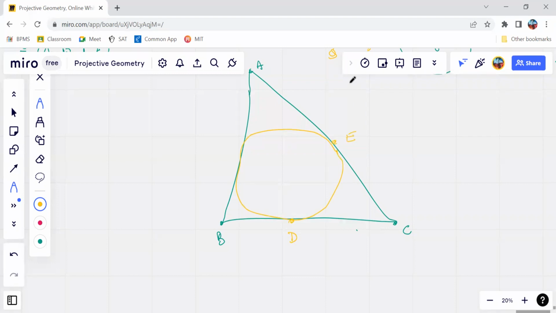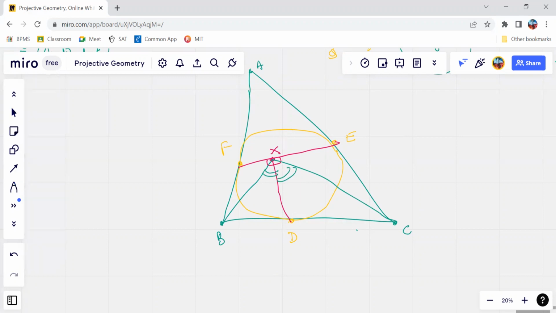Once again, we will pretend this is an N circle. And you drop the perpendicular onto this, say point X. Prove that these two angles are equal.